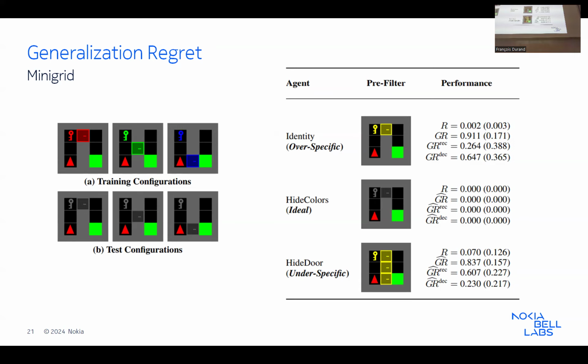We could get perfect training because that shows we got exactly the right amount of information. And then lastly, if we take the door out of the state, then things go the other way around. The recognition regret now becomes higher, and the decision regret becomes lower, because effectively this representation is not enough to solve the problem.